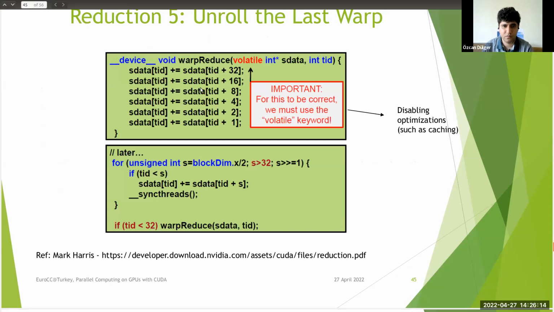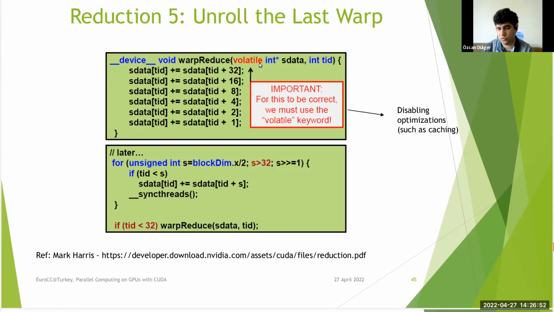Here we can unroll it, and we define a device function that is called inside the kernel. The name is warp reduce, and we have the input data and the local thread ID. We must use volatile for the input data, which is shared memory data, because volatile disables optimizations for that memory location, such as caching.